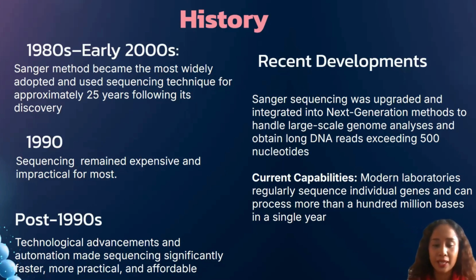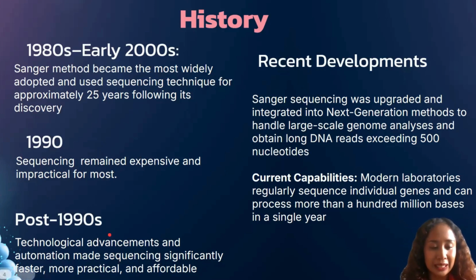Your body has 3 billion base pairs, so it would take a really long time if you're just using Sanger sequencing to do the Human Genome Project.